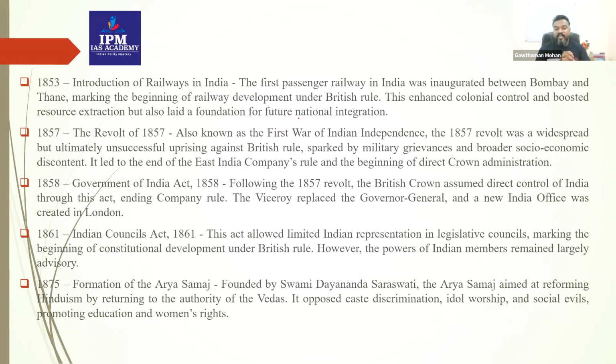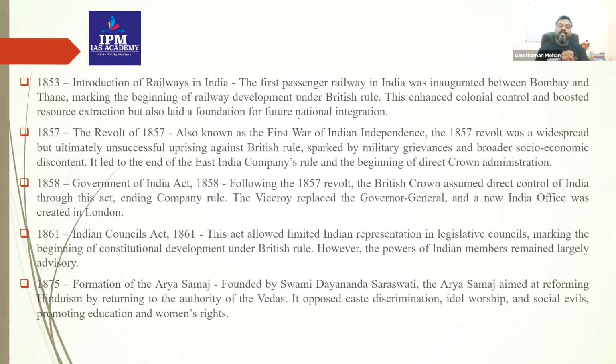Okay, now 1858, that is the Government of India Act 1858. Following the 1857 revolt, the British understood that this was the time to end the East India Company's rule, and the British Crown assumed direct control over India through this act, ending the Company's rule. The Viceroy replaced the Governor General, and a new India Office was created in London. Okay, 1858.